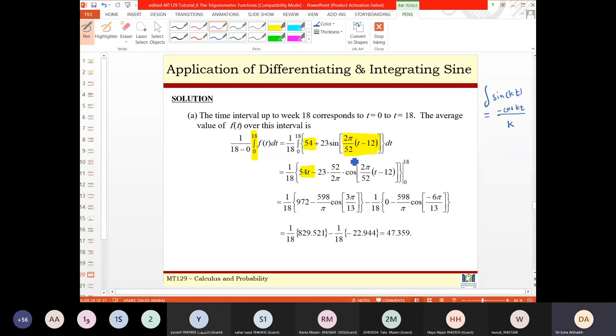Now this is the sine of 2 pi over 52 times (t minus 12). The derivative of this one is 2 pi over 52. So the integration of the sine is minus cosine, and we divide by 2 pi over 52, as if we multiply by 52 over 2 pi.